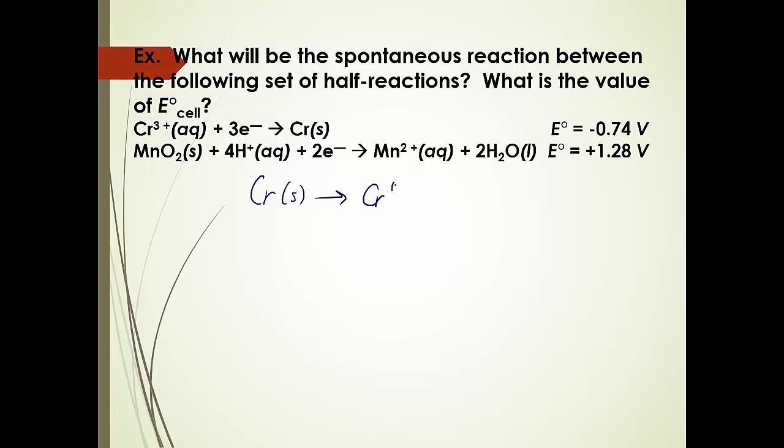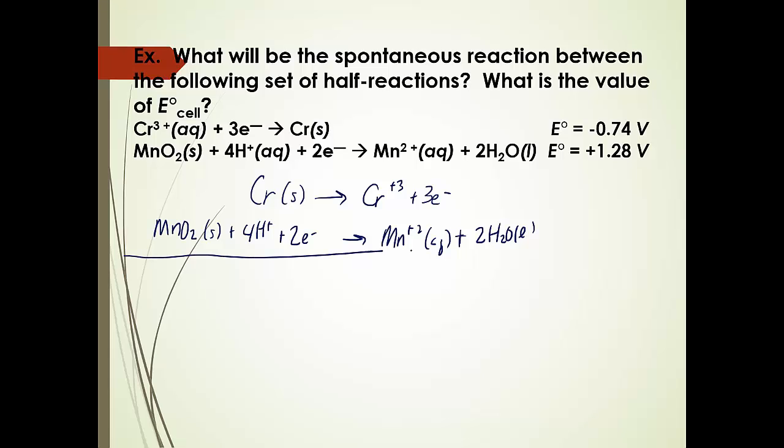So chromium plus 3, that had to be oxidized. So we kept the manganese as it was. All I'm doing is rewriting it. Plus 2 waters. Okay. Now, still with balancing, to write the overall equation, we have to equal out the electrons.